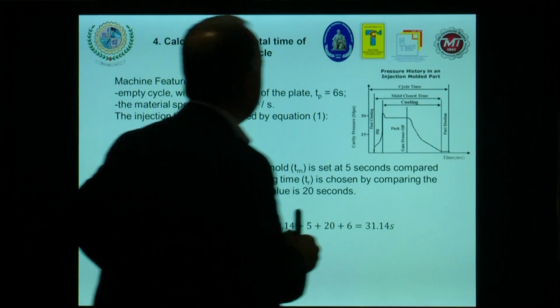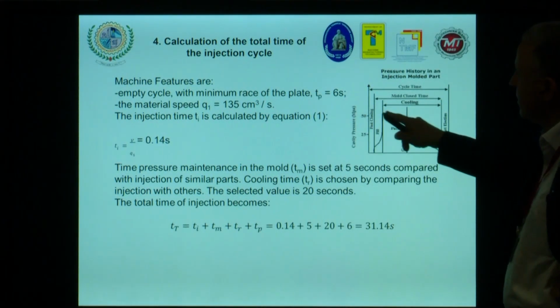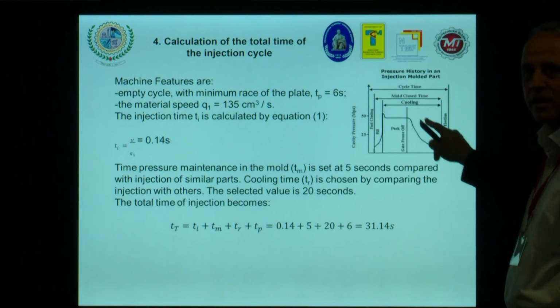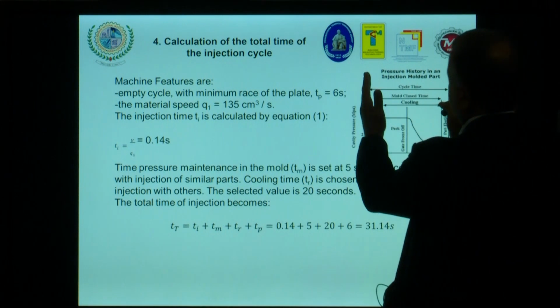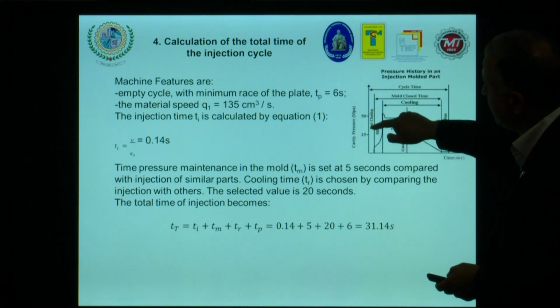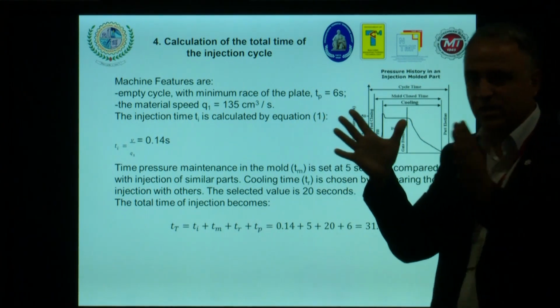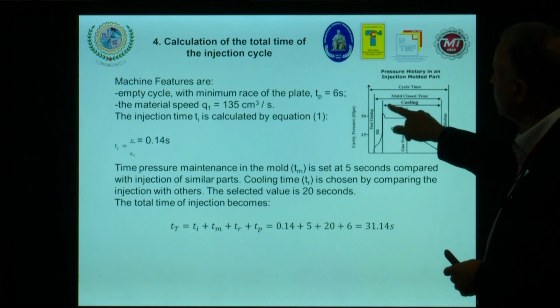Actually, I added this yesterday: the pressure variation that I showed 2 slides ago. You can see here the cycle time, starting with the fast closing of the mold, and afterwards all the steps, including the cooling.